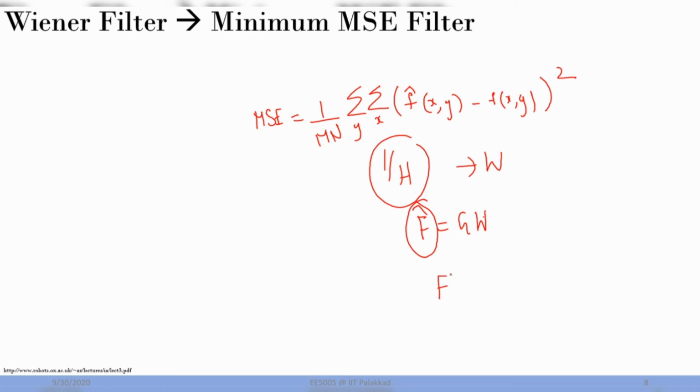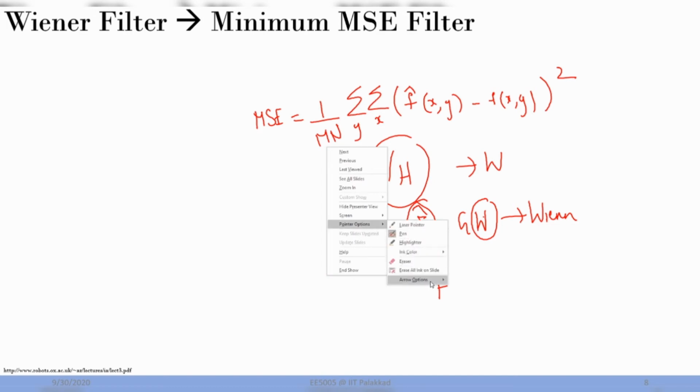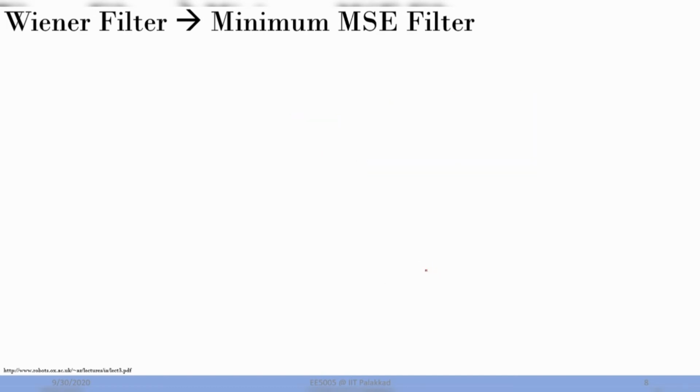That is the meaning of it. So if this filter W is the Wiener filter, you are going to get an optimum filter in terms of mean square error between the original image and your restored image. At least theoretically, it's possible to prove, okay. So that is what I mean.